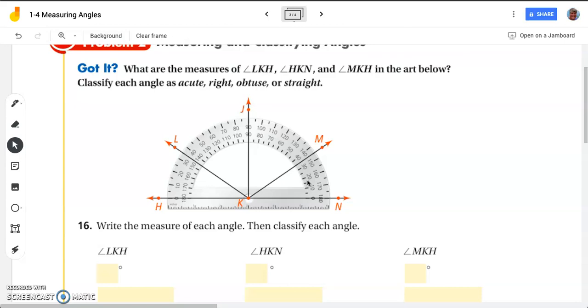So for angle LKH, because this is on the bottom line, we're going to start with that 0 because that's where we're going to read from. And so we can see that it passes through right here at about 35 degrees. And we know that that is an acute angle.